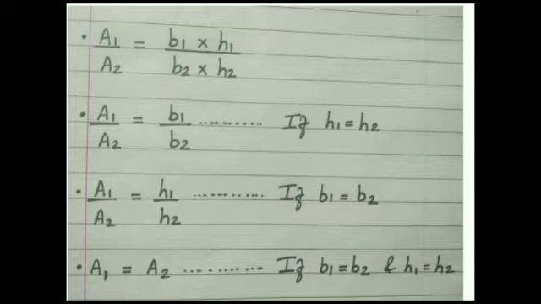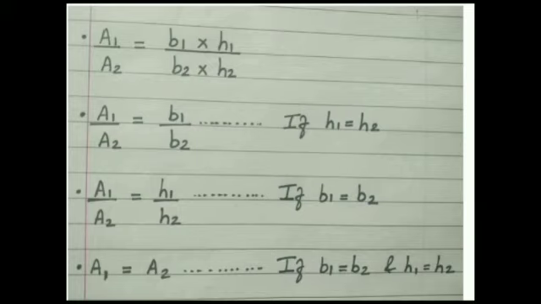A1 upon A2 is equal to H1 upon H2 if B1 is equal to B2. And the last one, A1 is equal to A2 if B1 is equal to B2 and H1 is equal to H2.